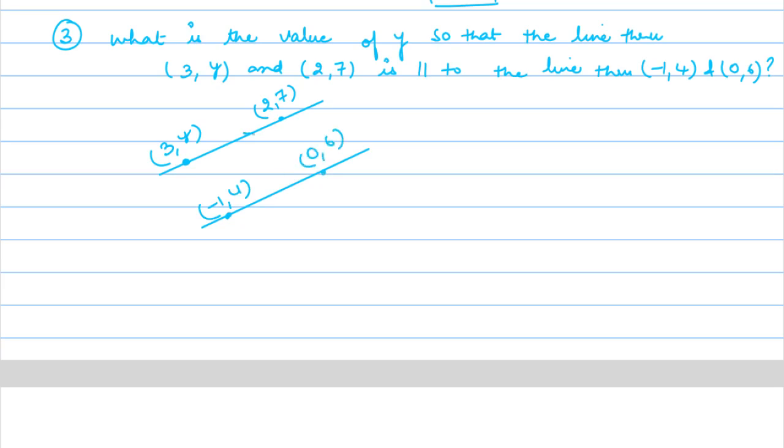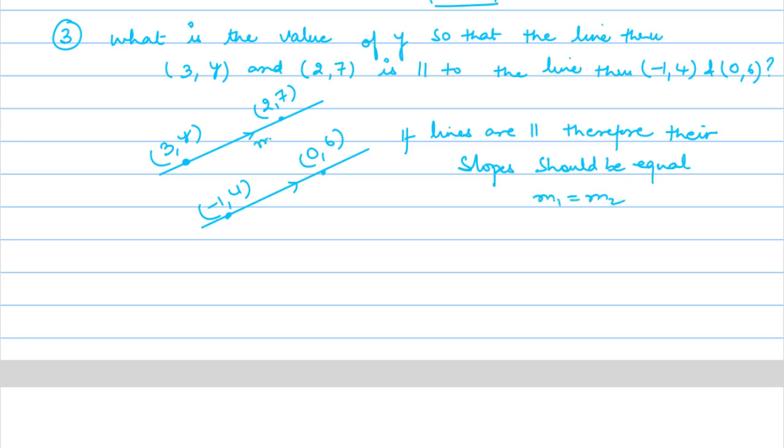Now, if these 2 lines are parallel, what is the condition for their slopes? If lines are parallel, therefore, their slopes should be equal. What was the condition? Their slope should be equal. That is, m1 should be equal to m2.